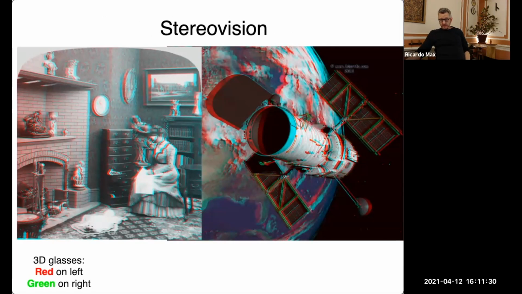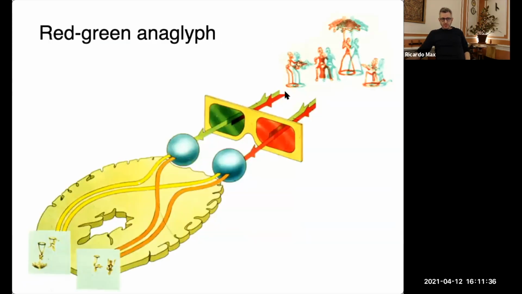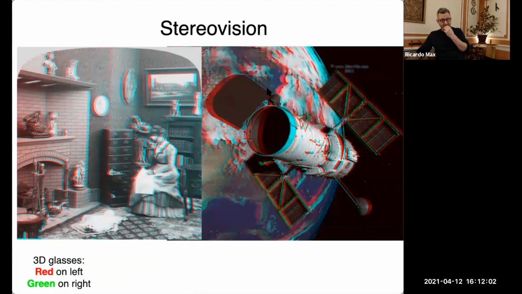Another way to do it is to show the same image filtered to either eye, and nowadays, in 3D movies, they use polarized lenses. If we have time in the end, I will explain what that is. But a simpler way that works very well is you take the same picture twice with a displacement.